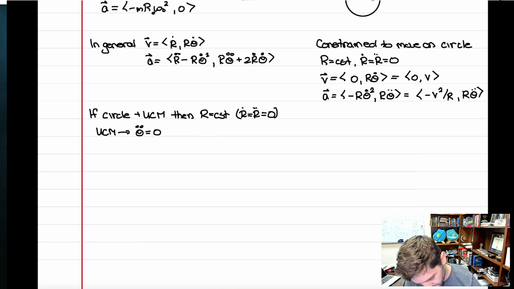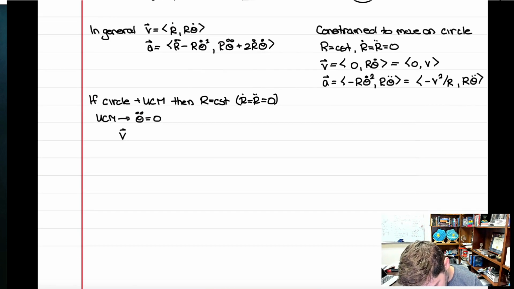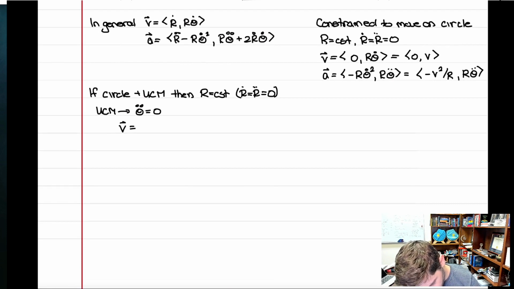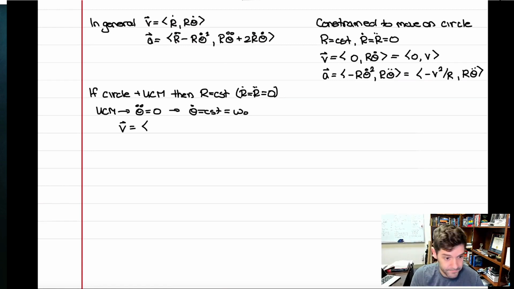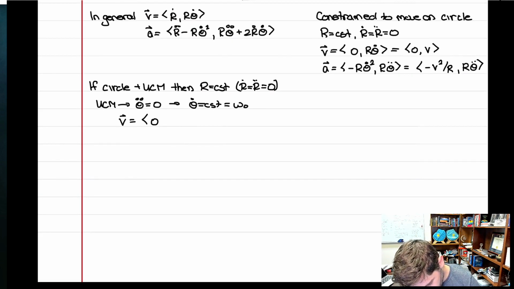In this case, then, theta dot is a constant. Maybe we'll call that omega naught again. Then the velocity looks like 0, comma, r times theta dot, which we just said was r times omega.